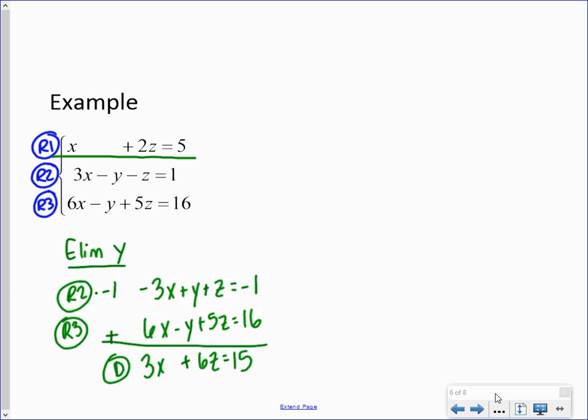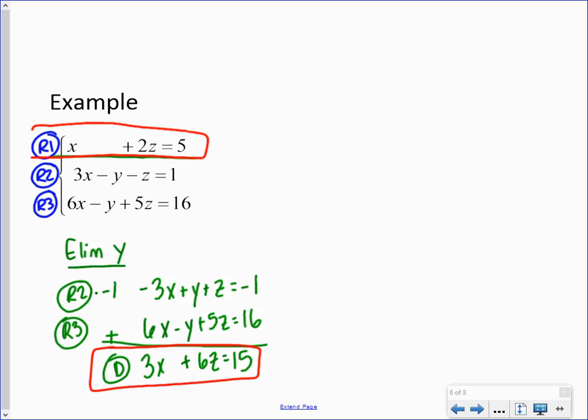I'm going to call that equation D. And now this is just in terms of x and z.